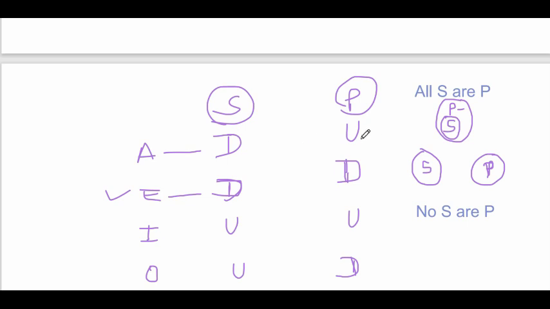I hope it's clear. That is for the A type proposition and the E type proposition, why it is distributed.